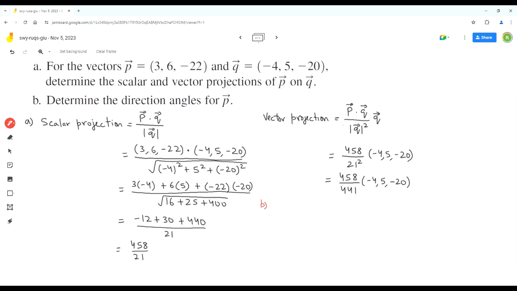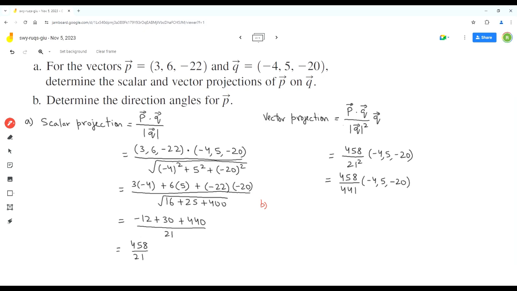Direction angles are angles a vector makes with the coordinate axes. Now, vector P is a 3D vector, so the direction angles are the angles it makes with x, y and z axes. So for that we have to use the formula for direction cosines. So let's assume the vector P makes an angle x with the x-axis.